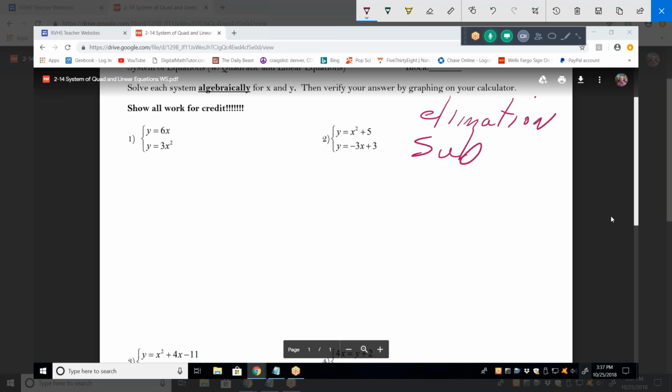Okay. Now, elimination is used more when you're looking at standard format. And neither of these first two problems are in standard format. However, the easy thing about these first two problems is that those y's are the same.